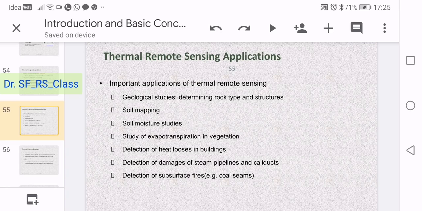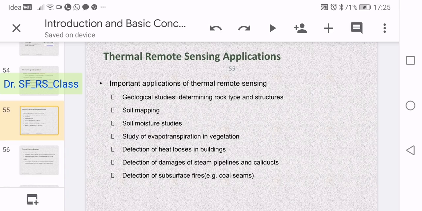All these things will cause temperature differences. The emission characteristics will be different in the fault zones, in the fold zones, and for the type of rock. Different rocks will have different emission characteristics.